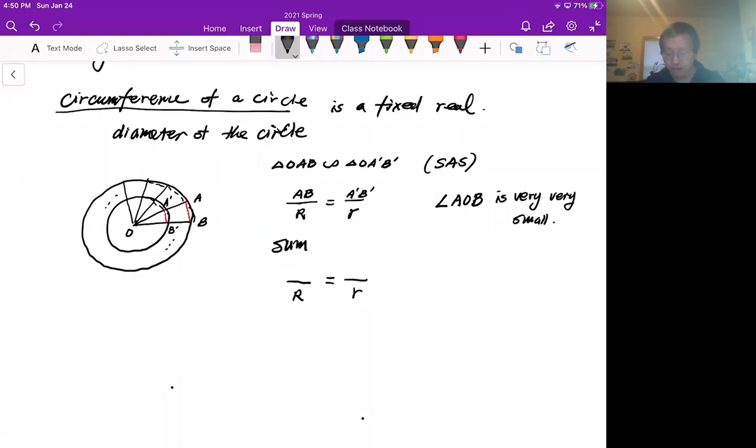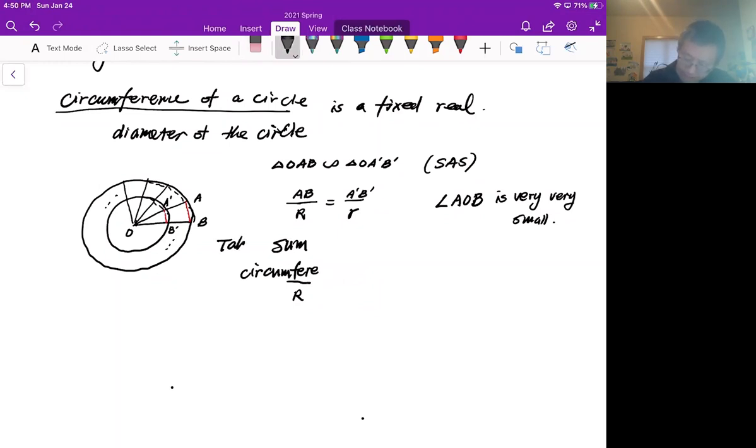But if you make the central angle smaller and smaller, eventually that will become the circumference of the bigger circle. Does it make sense? So that becomes the circumference.